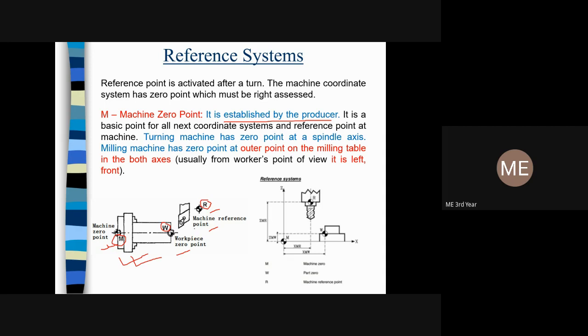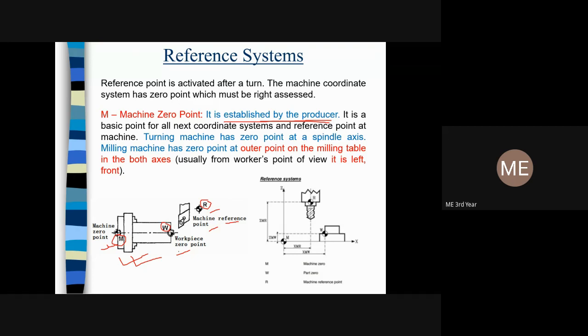They are established by the producer or manufacturer of that company, so only those people will know where the machine 0 point and the machine reference point or tool reference point are. Now the workpiece reference point, only we will set.